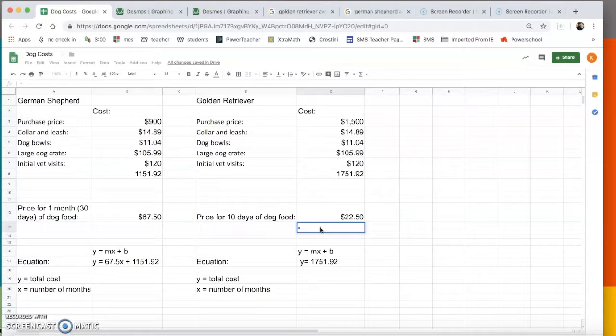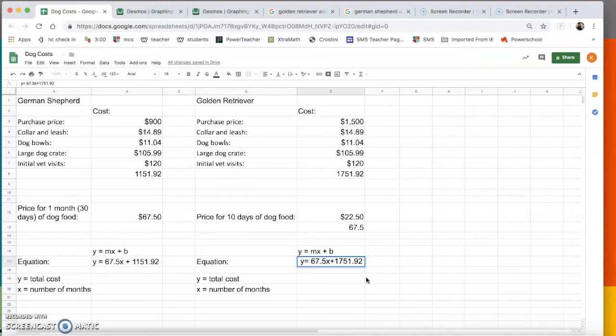per month. So again, we're going to show how to use an equation, and I'm going to type in equals $22.50. You use an asterisk for the multiplication sign, and then we multiply that by 3. And it comes out to be $67.50. So the same slope as we have in the other equation.